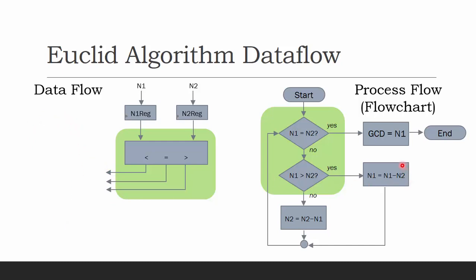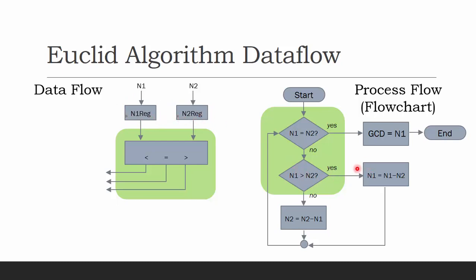Then after that, the process says we are going to subtract the smaller from the larger, this one and this one. So we need a subtractor, and then we need to first keep the result in a temporary register so that later we can put it back into the original register, N1 reg or N2 reg.